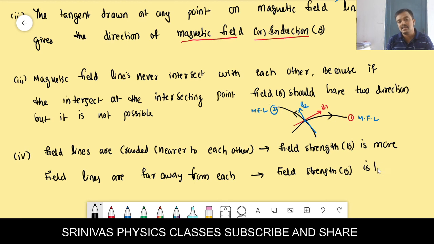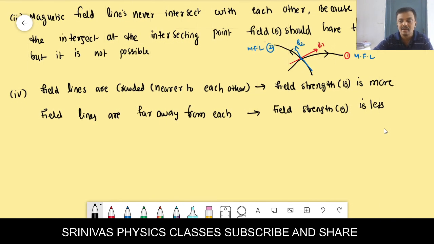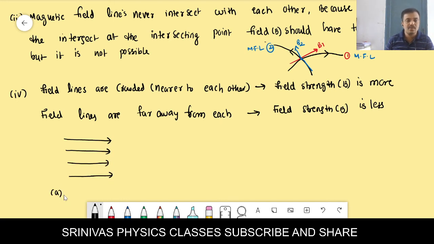That means based on the field lines, whether they are closer or far away from each other, we will say whether the field is strong or weak. For example, if we draw the field lines like this, all the field lines are parallel to each other, then this field is said to be a uniform magnetic field.